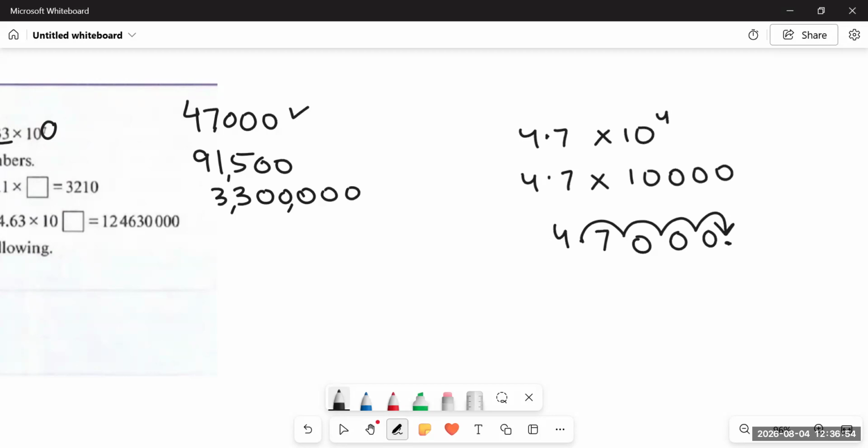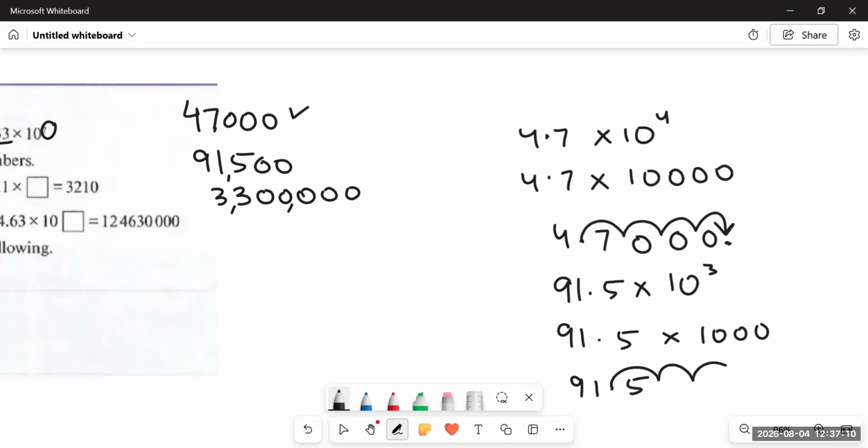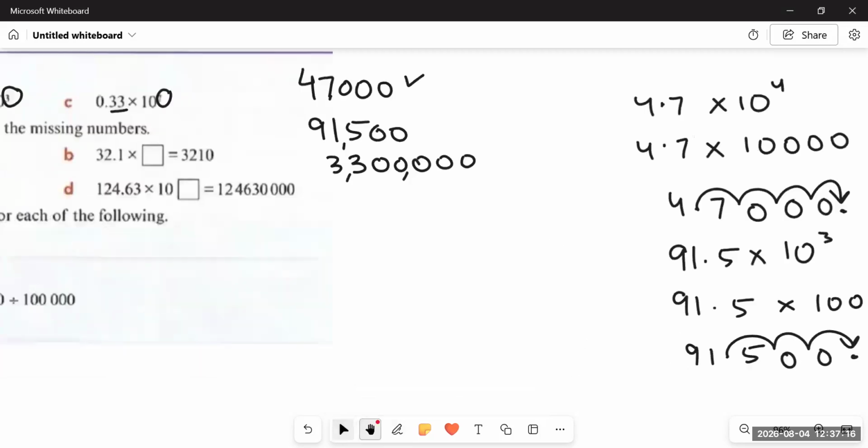Similarly, when we multiply 91.5 with 10 power 3, it's going to be 91.5 multiplied by 1000. So at this time we have to move the decimal 3 places forward. 1, 2, 3. Here it comes and the number would become 91,500. And so for part C.